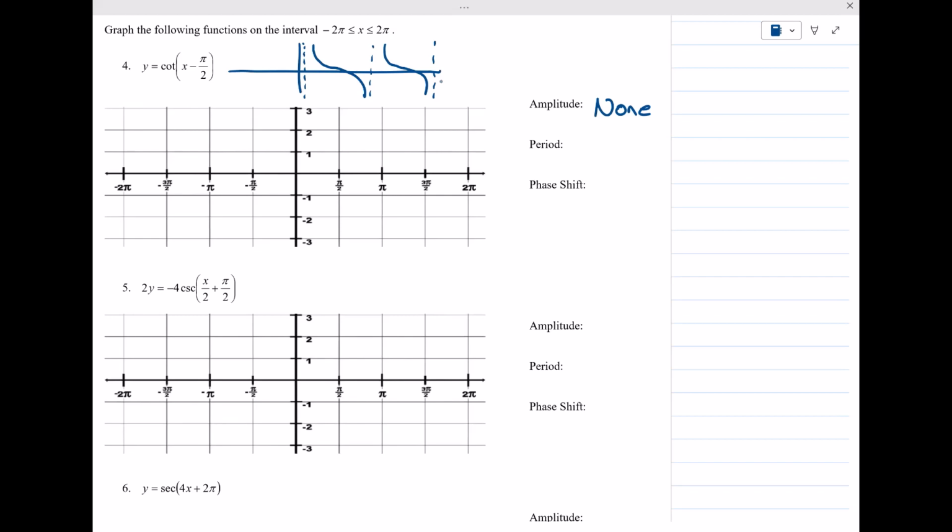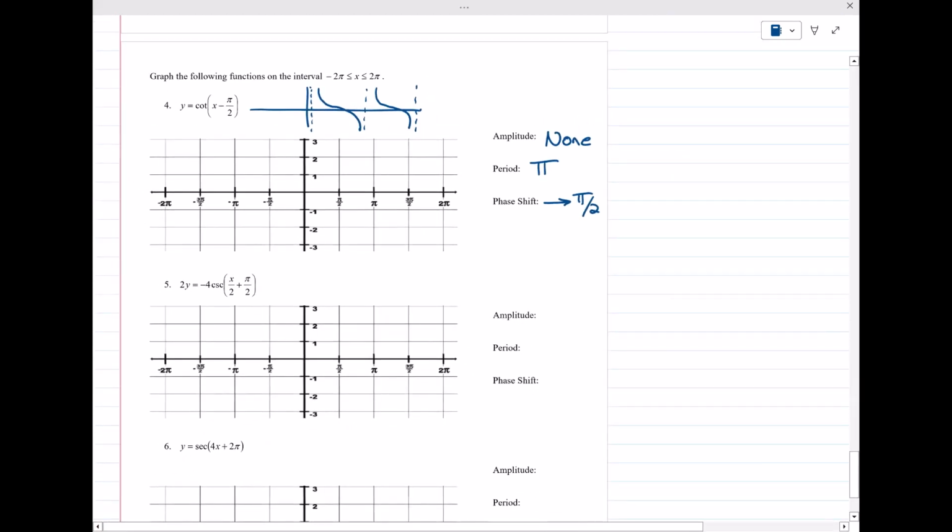Period, there's nothing in front of x, so the period here is just pi, and then we're going to go to the right, pi over 2. That's the phase shift.